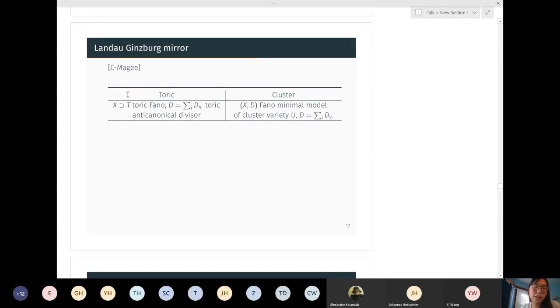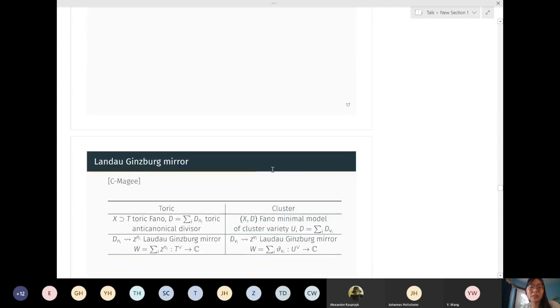So in the toric case, we have a toric fan, we look at the generators, we sum them up, we have the anticanonical divisor. And in the toric case, we have this log Calabi-Yau pair, we have the space and a divisor as well.